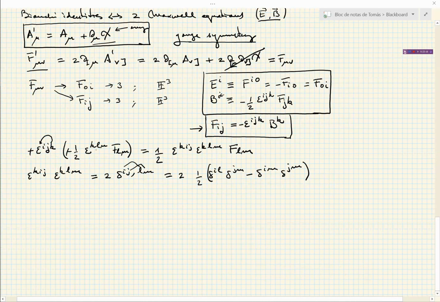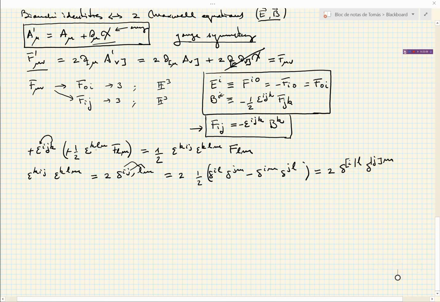Okay, so it looks a bit strange. I'm not cancelling the factor of 2 because I want to rewrite this with 1/2 in another way. Observe that if I interchange i and j here, I get the second term. So I could also write this as 2 times delta il delta jm.